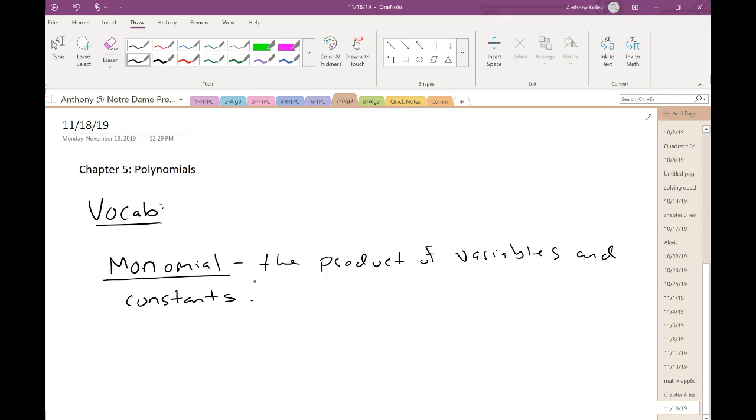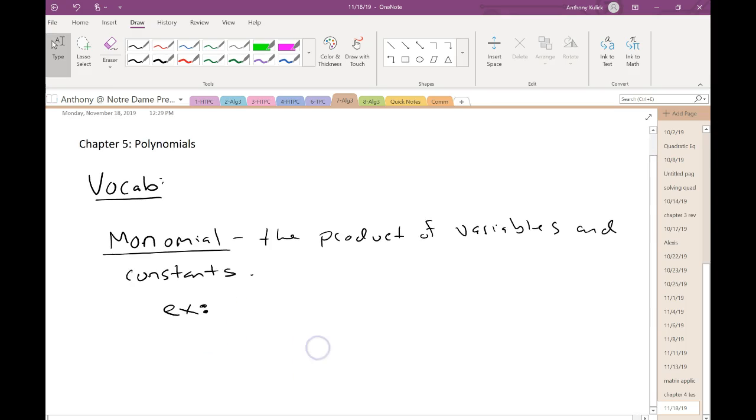What do I mean by constants? Like a number, right? Like 7 or 12 or the square root of 2 or whatever. So let's look at some examples and try to decide whether these are monomials or not. Sound good?